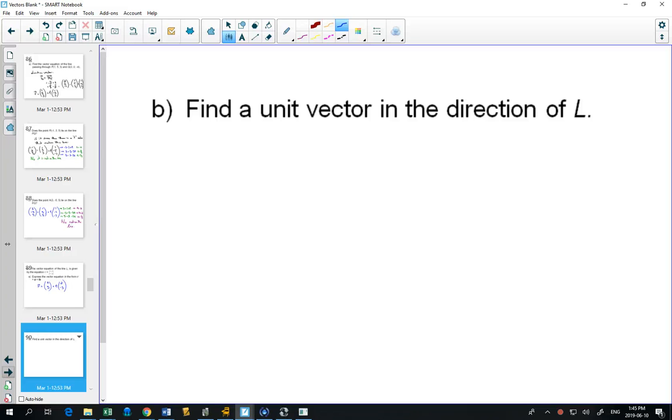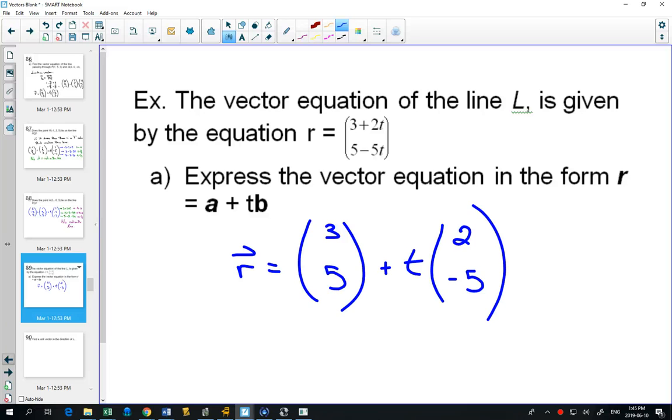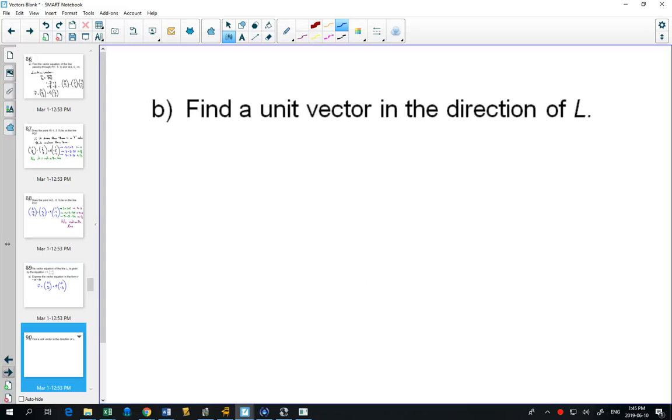We want a unit vector in the same direction as L. First of all, let's look back at our line. What's the direction of this line? We look at our direction vector to find the direction.